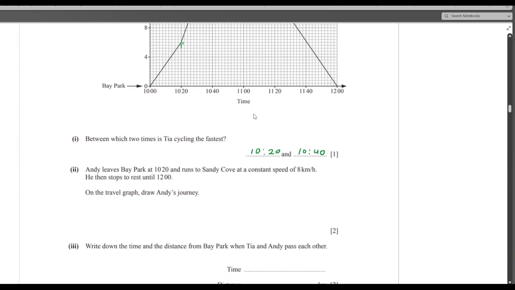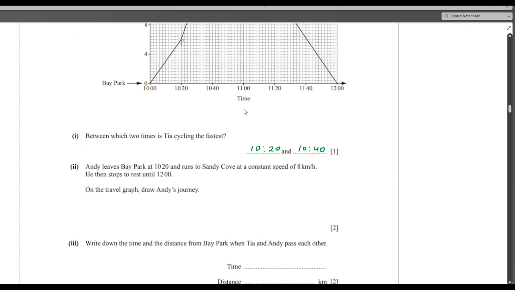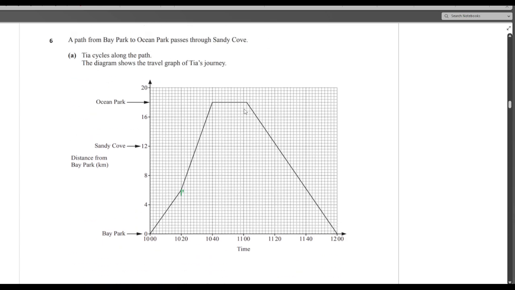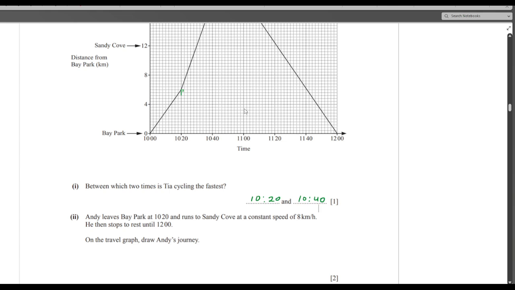The next is Andy leaves Bay Park at 1020 and runs to Sandy Cove at a constant speed of 8 km per hour. He then stops to rest until 12. So on the travel graph, draw Andy's journey. So Andy leaves Bay Park at 1020. So we will start from 1020 and run to Sandy Cove at a constant speed of 8 km per hour.